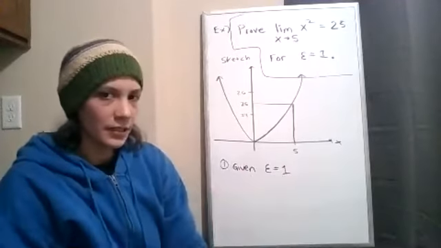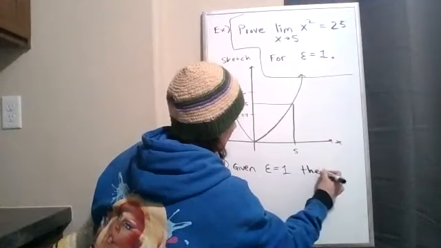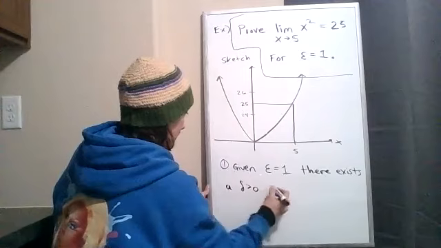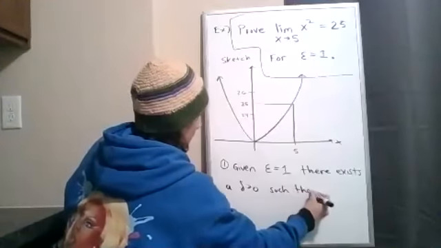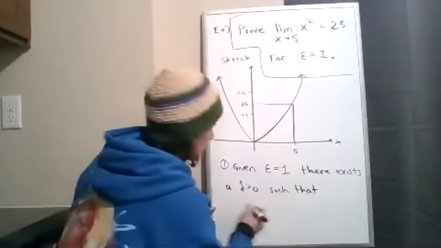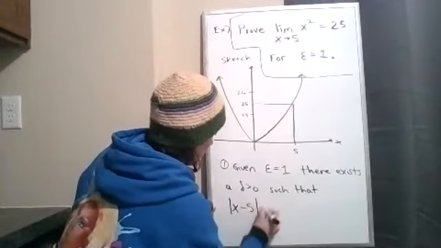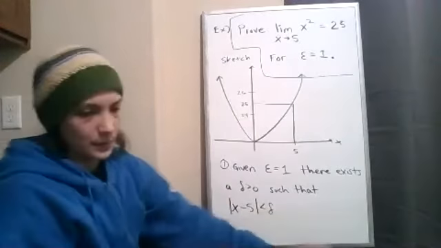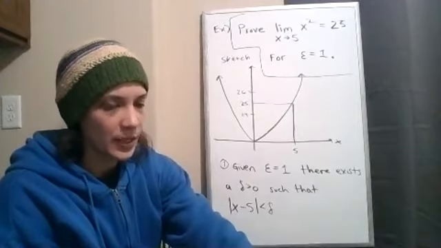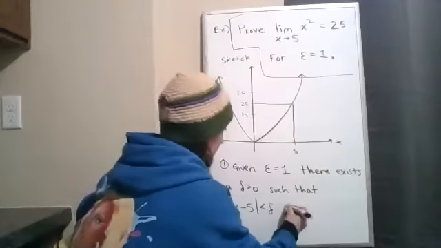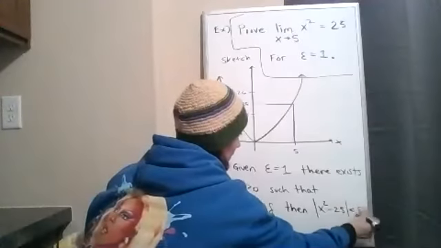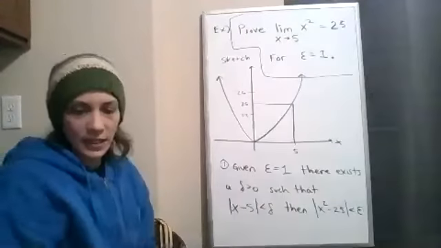There exists a delta greater than 0 such that when the difference between x and 5 is less than delta, the distance between x squared and 25 will be less than epsilon. Okay, next we get delta.